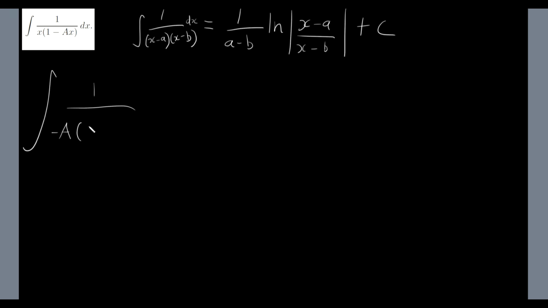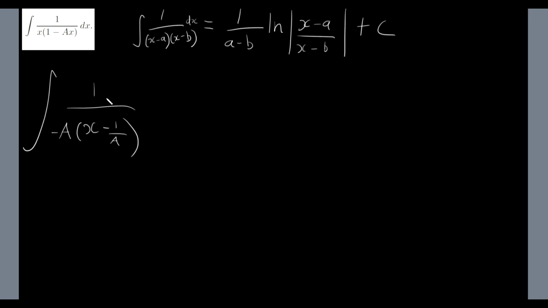Now that I've taken out a negative a, the x is positive. And because I'm taking out a negative a, I've got to change the sign of this 1, which is good because we want it to be a minus 1 over a. So I've just taken this a out. That's all I've done. And if you multiply this through, you'll get the same thing. You'll get minus ax plus 1, which is what we have here.